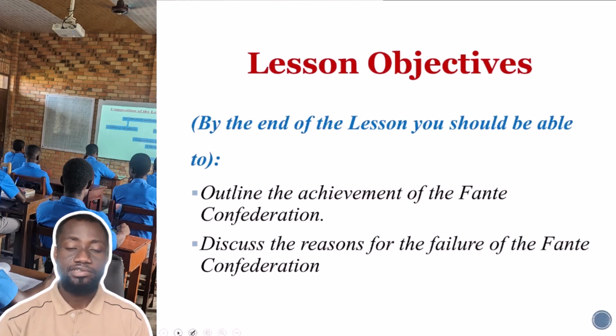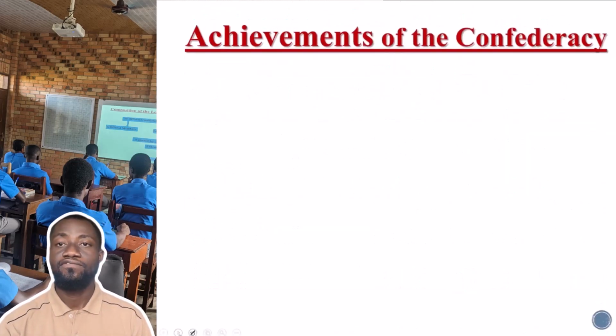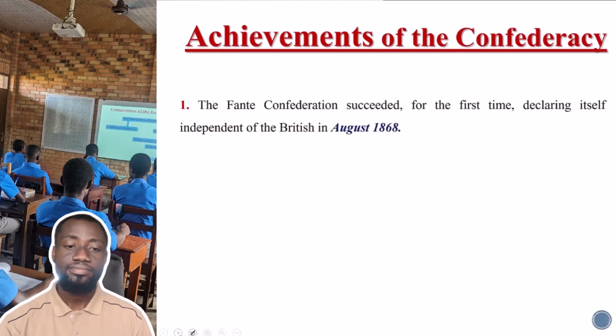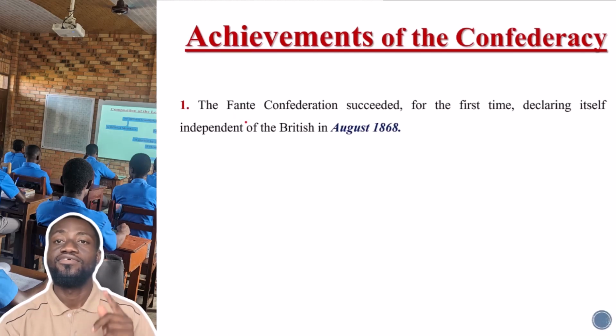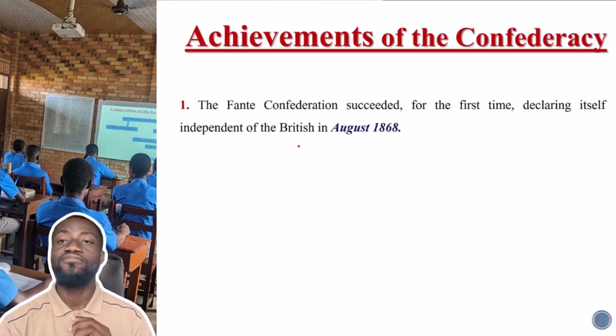Let's begin with our first subtopic, which has to do with the achievements of the Confederacy. The first achievement was that the Fante Confederation succeeded for the first time in declaring itself independent of the British in August 1868.